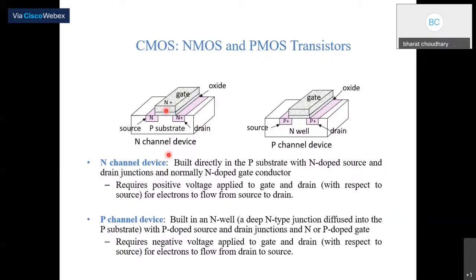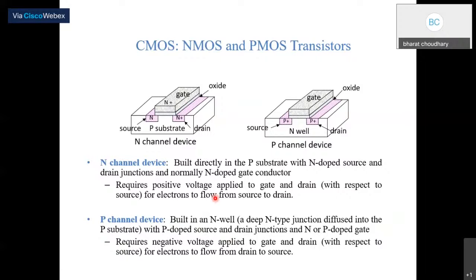As you all are aware, in the NMOS device a P-type substrate is used, whereas in the PMOS device an N-type substrate is used. In NMOS the channel is N-type, whereas in PMOS it is P-type. The source and drain terminals are doped with N-type impurities in NMOS, whereas in PMOS these are doped with P-type impurities. A positive voltage is applied to the gate in NMOS, whereas in PMOS a negative voltage is applied.